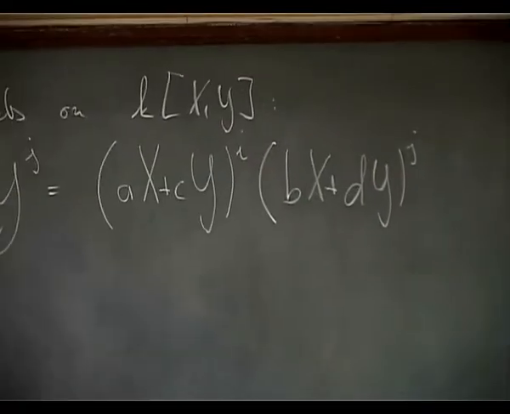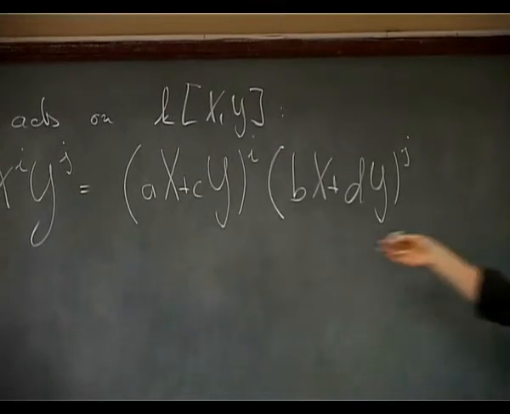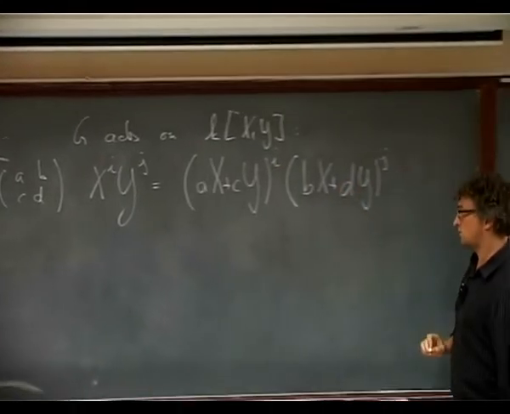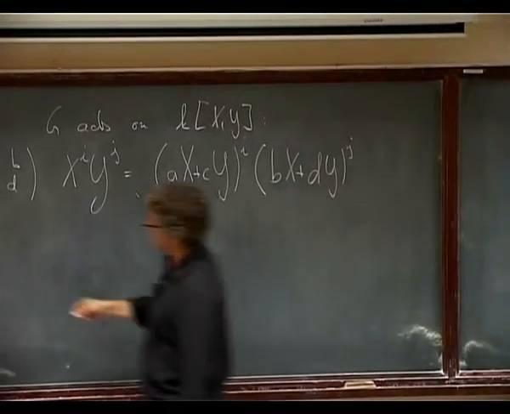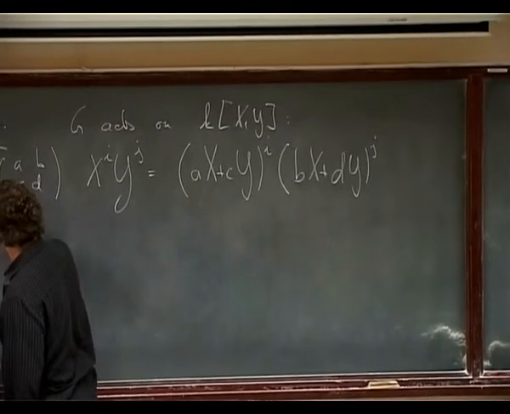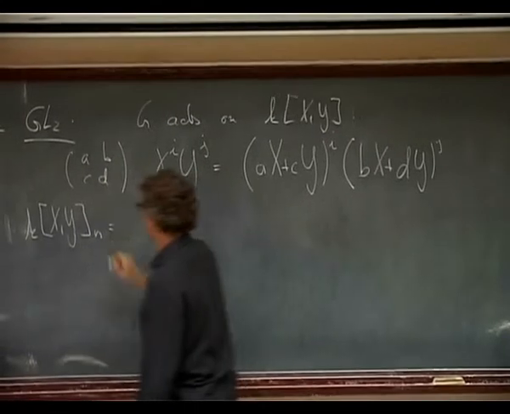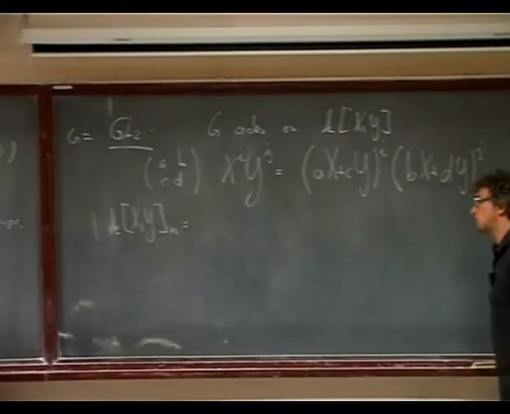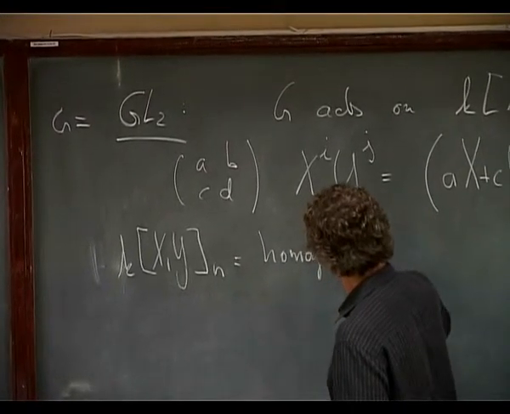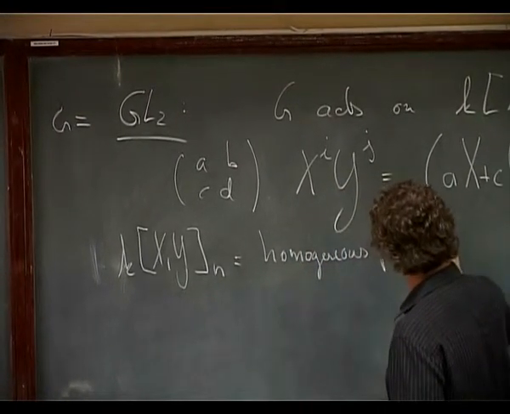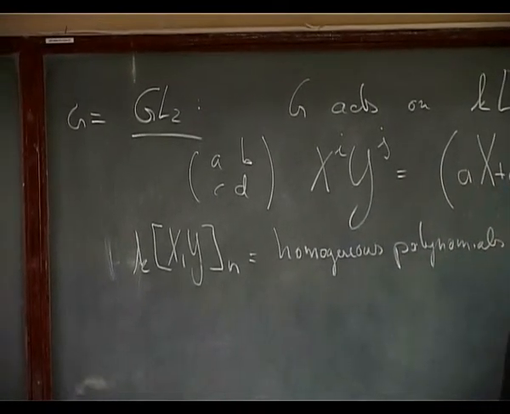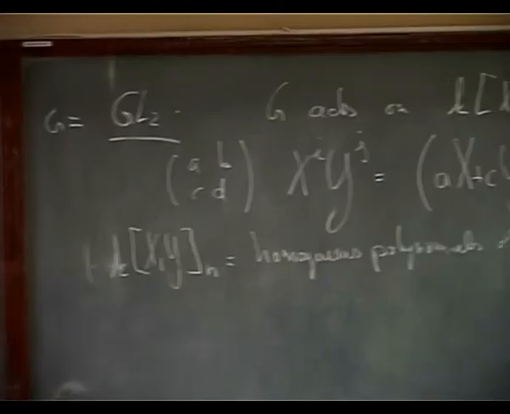This, of course, is a representation in an infinite dimensional space, but you see that the total degree of these polynomials is preserved, and that means that if you look at the subvector space inside this algebra of homogeneous polynomials of total degree n, then this is preserved.